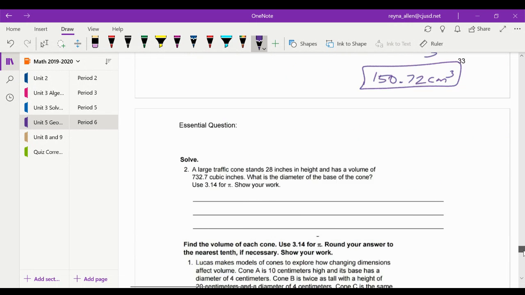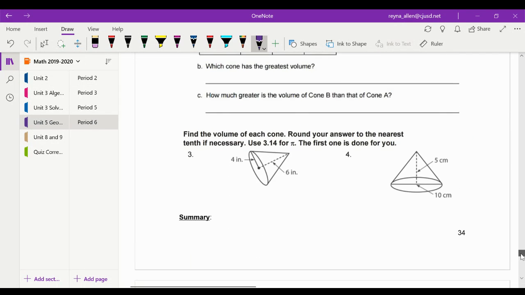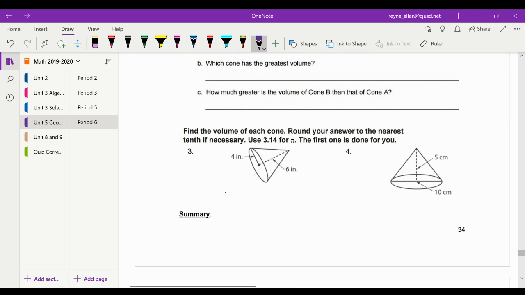Okay, one last one. Volume equals pi times radius squared times height divided by 3. What do we use for pi? Good. We use 3.14 for pi.